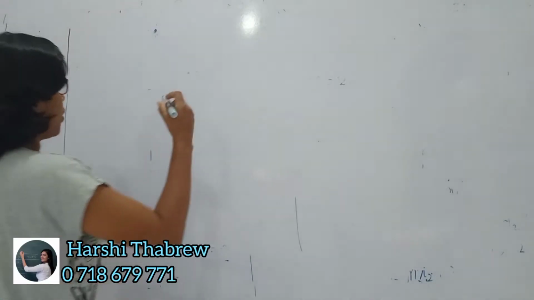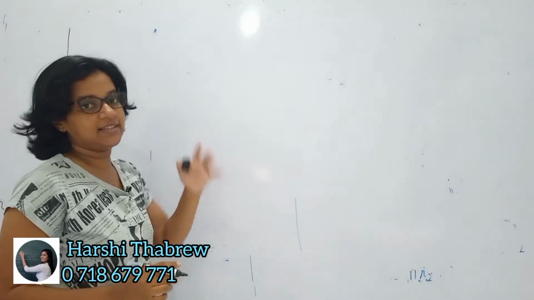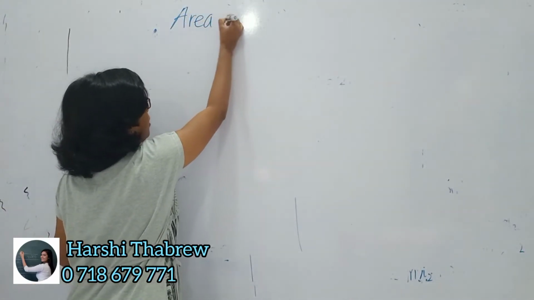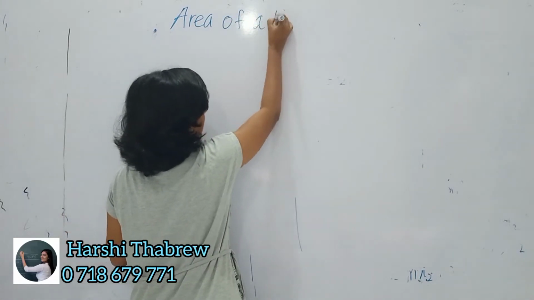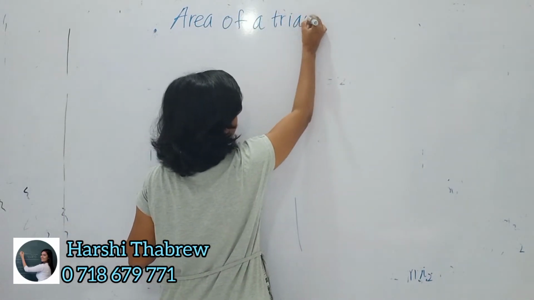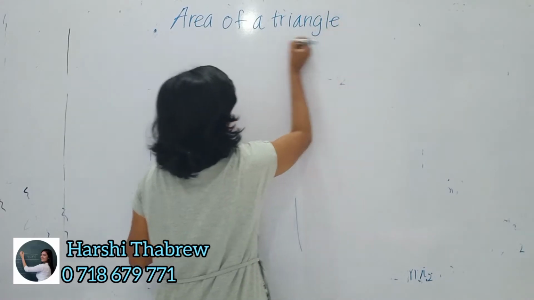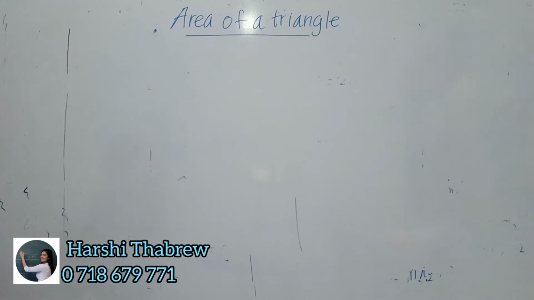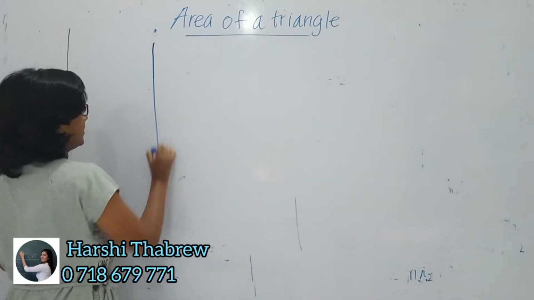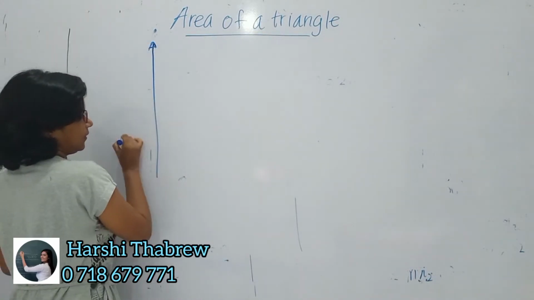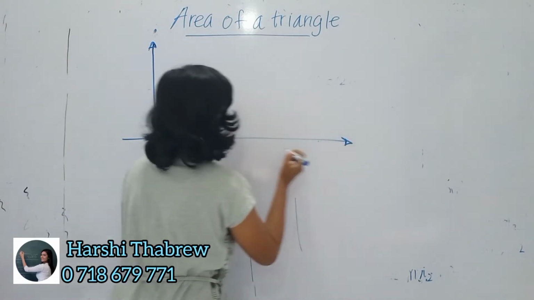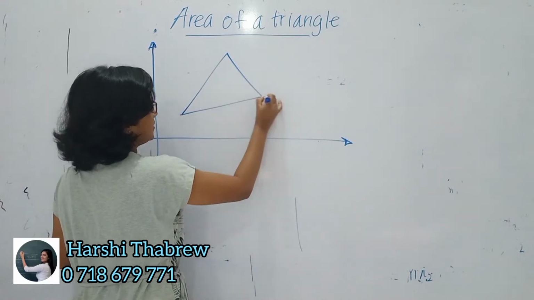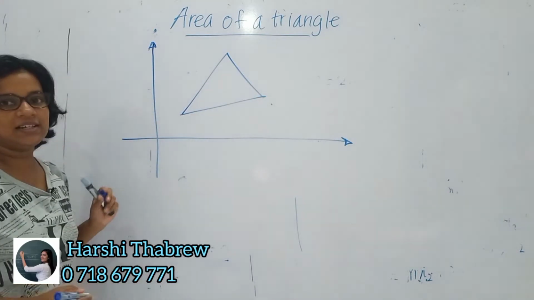Okay. The coordinates of the 3 vertices are given. You should be able to find the area of a triangle. Area of a triangle, right? Then let's draw it like this. This is the triangle.